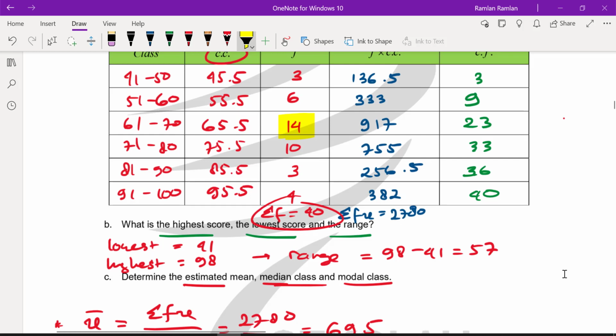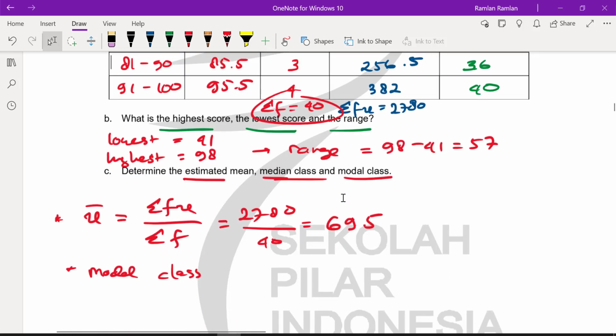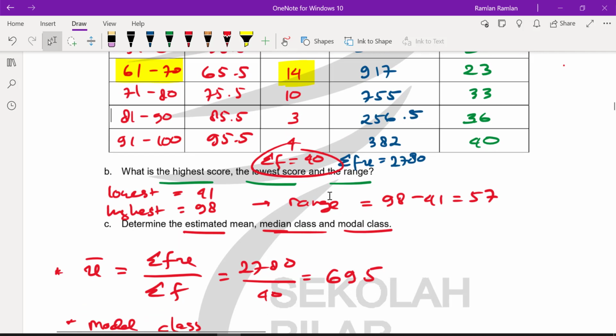So that 14 is the highest frequency of this data set. So it means that the modal class is this one over here, 61 until 70. So the modal class is class 61 until 70.